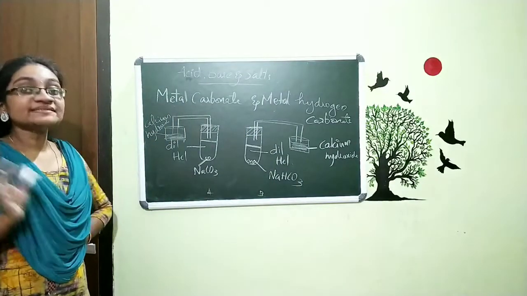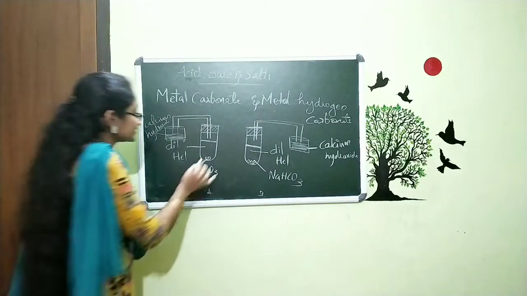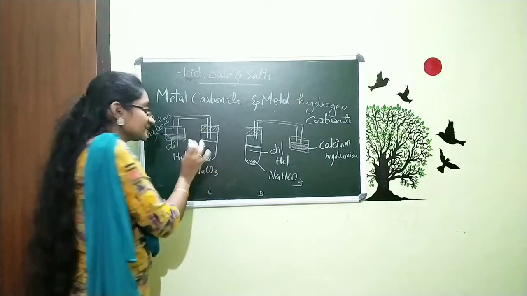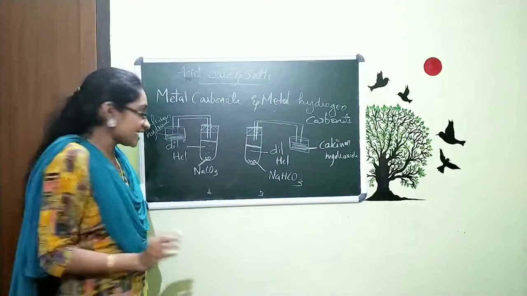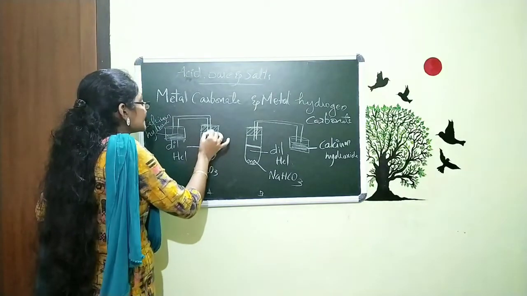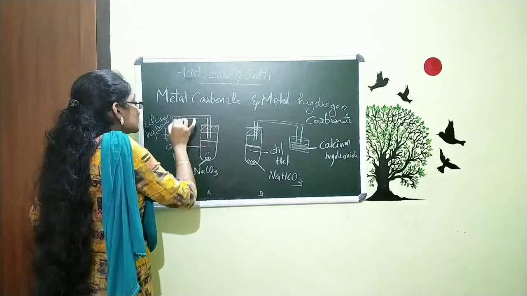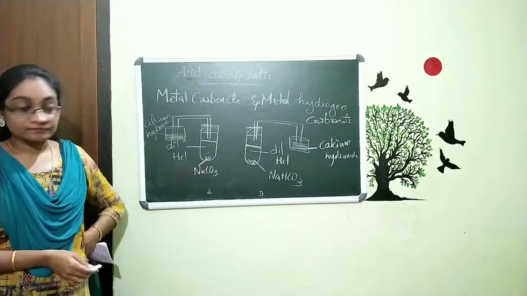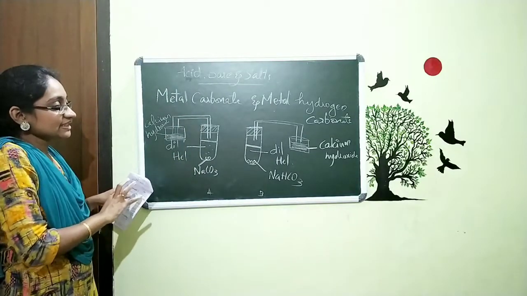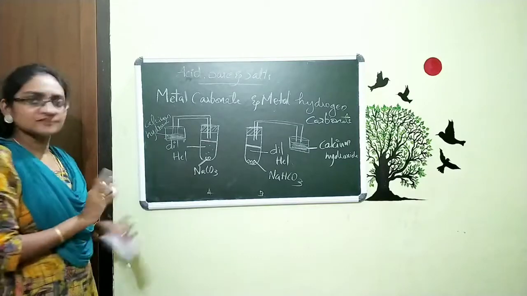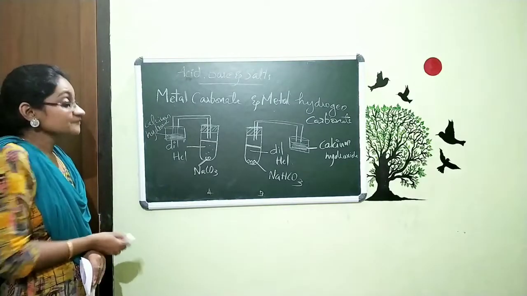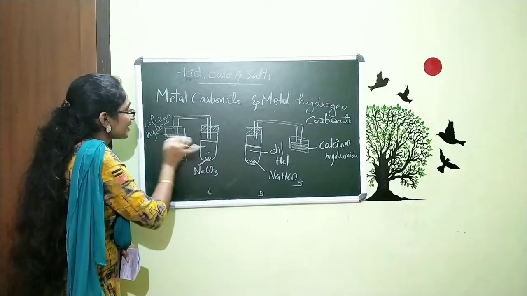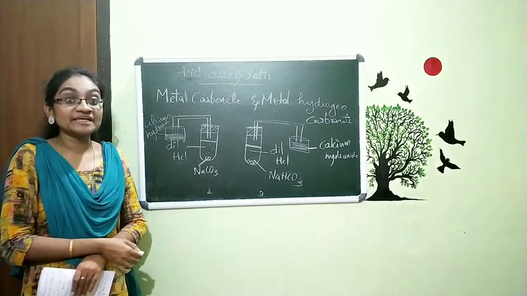So after some time, you can see that bubbles form, and that means they produce a certain type of gas, and that gas is moving through this tube and reaching this lime water. At the initial stage, it is transparent, and after some time, you can see that the color of the solution is getting milky.